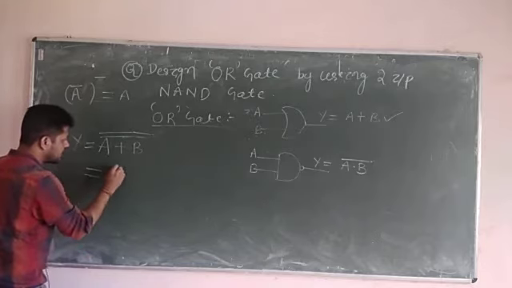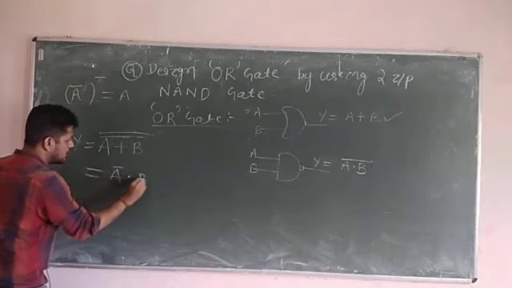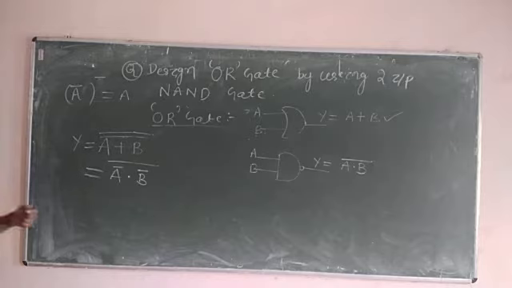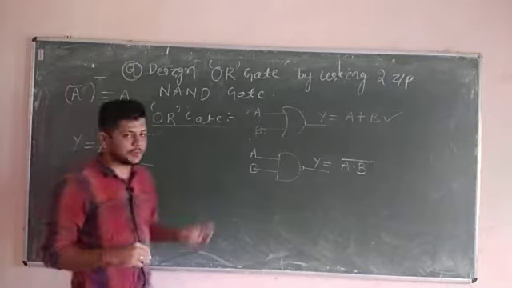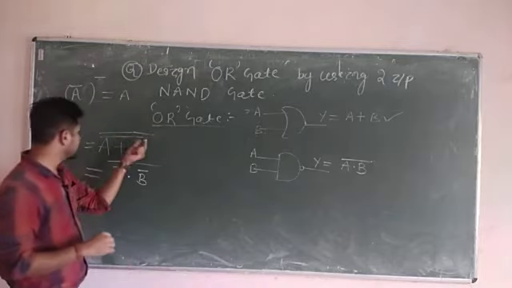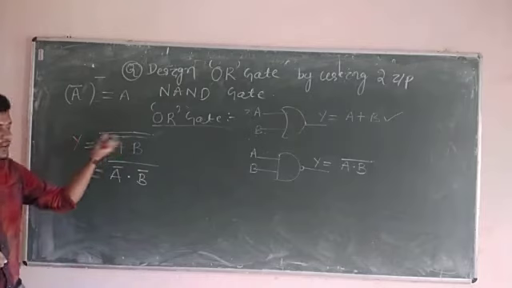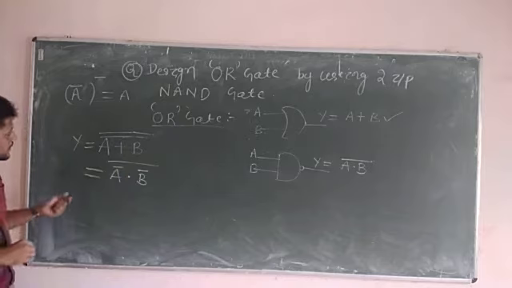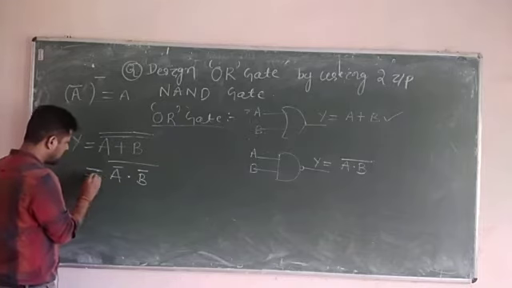So I am opening this as A bar and B bar whole bar. Always remember, whatever expression you are given, apply the complement law and then open it by using De Morgan's law, then we implement that gate.